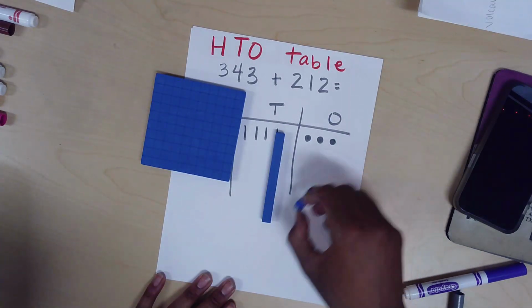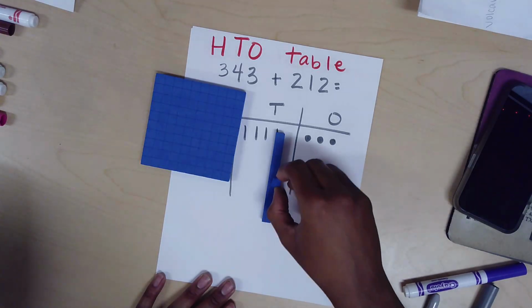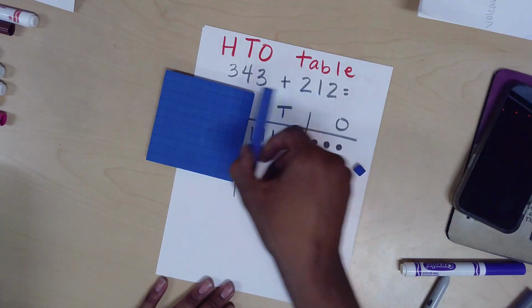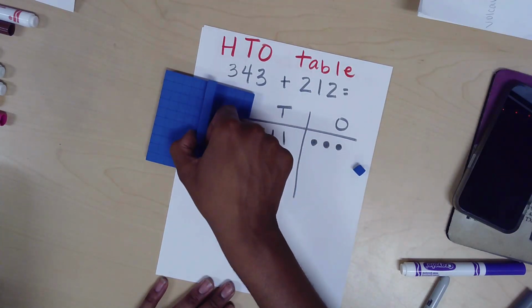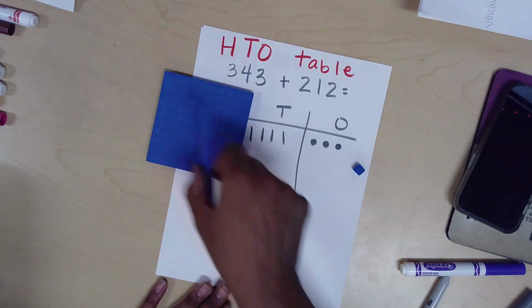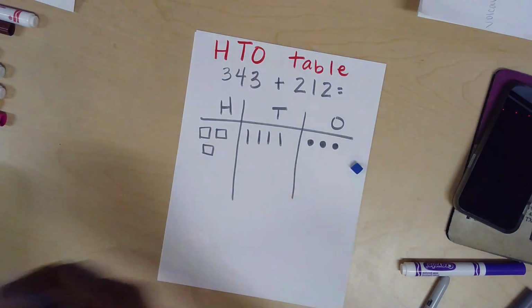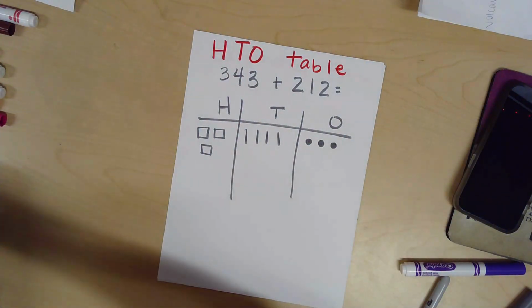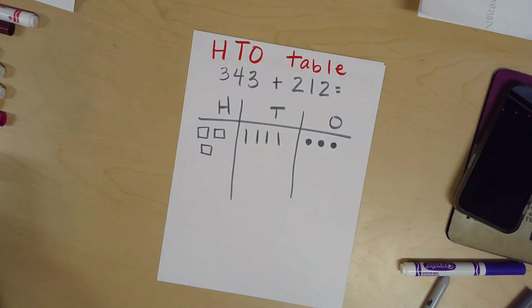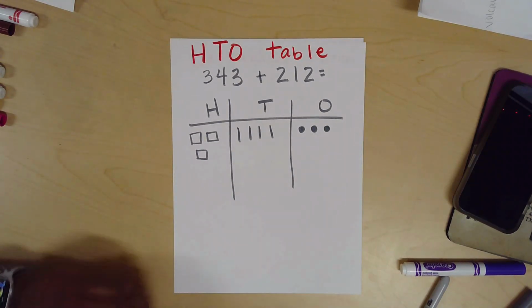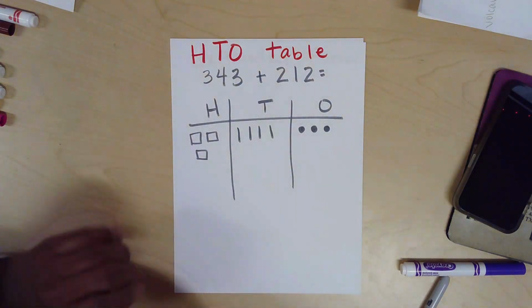This is a 10 because it's got 10 of those on there. This is 100 because there's 10 of these 10s on there. All right, they used these quite a bit last year in 2nd grade, and they are available in my classroom if they need them. However, most students don't, but they are available if they do. So that's why that number looks like that.